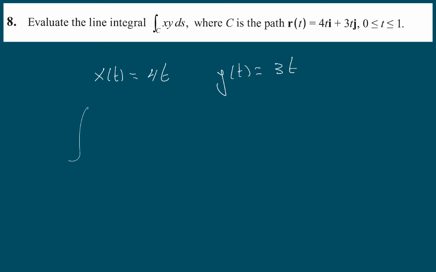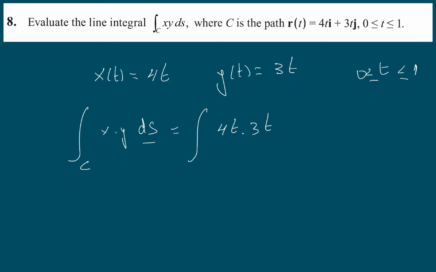So the integral over the curve C, with t between 0 and 1, is x multiplied by y by ds, where ds is the length of the elements of the curve. So it will be the integral of x 4t, y 3t.